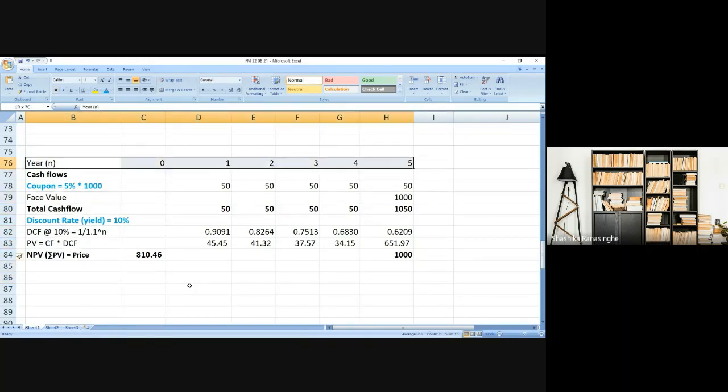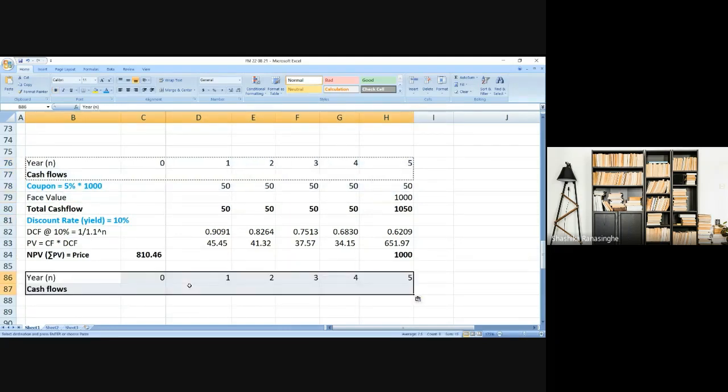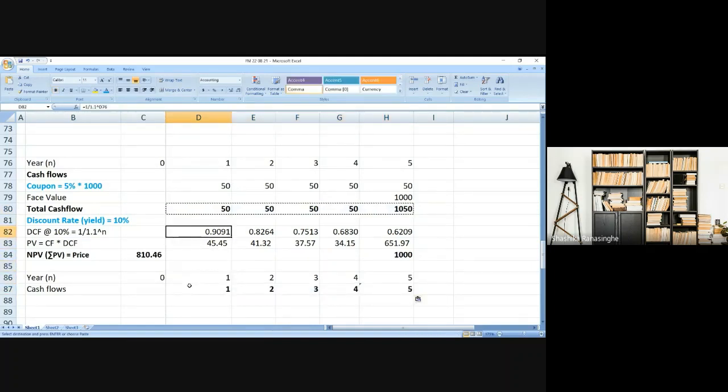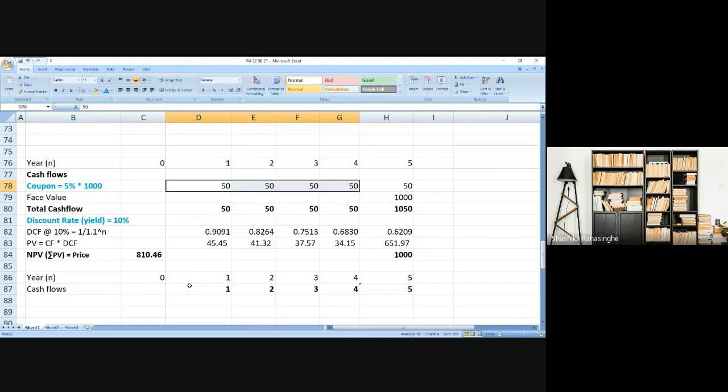If you buy a bond, that means a cash inflow or an outflow? Outflow. So today your investment will be 810.46.